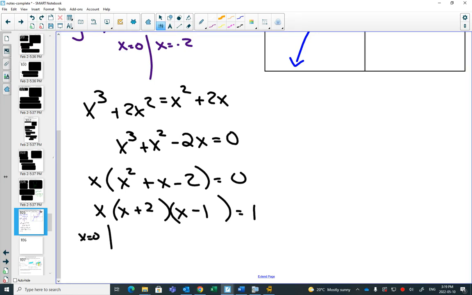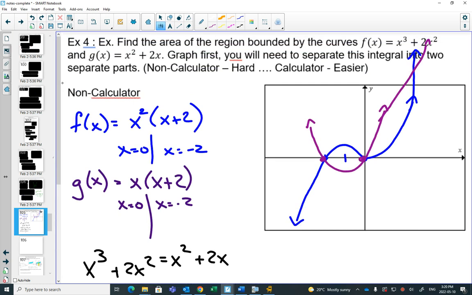So we got x equals 0, which we already knew, x equals -2, which we already knew, and x equals 1, which my graph is apparently not drawn very well.